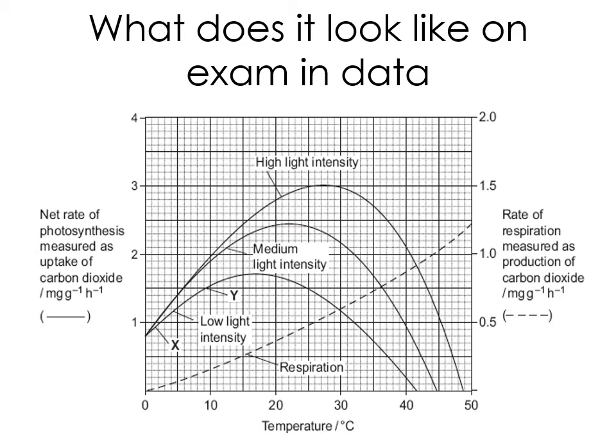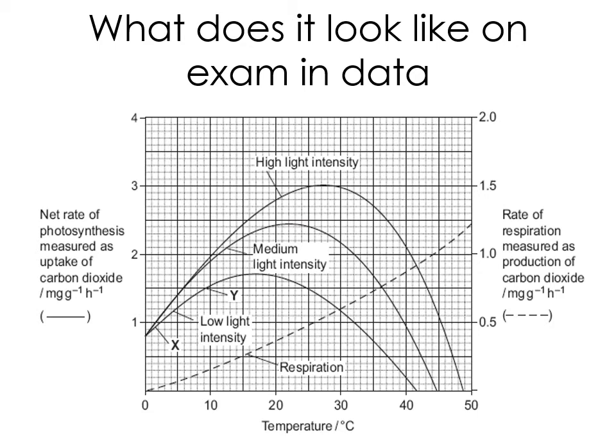And they asked in this question for you to calculate gross primary production at medium light intensity. So you did have to go to medium light intensity and a certain temperature, I think it might have been 20 degrees. You had to read off your net rate of photosynthesis, so that was your net primary production. And then you had to use your other line, which was your respiration line, at the same temperature, and read off on the other axis on the right hand side, and then add them together to come up with GPP. We will have a go at that one in class.